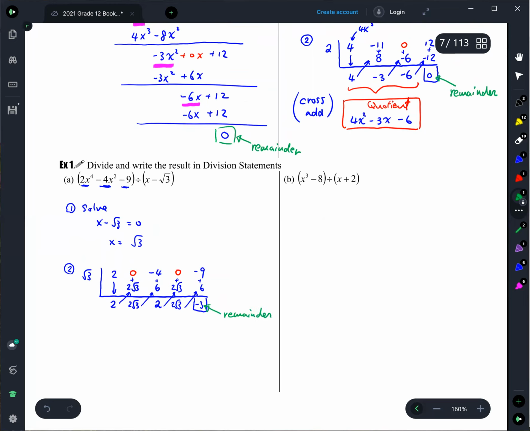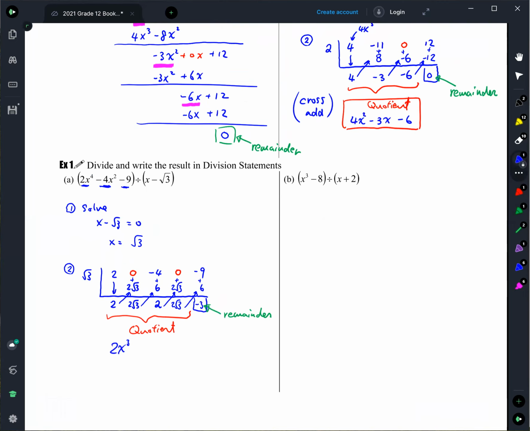Okay, and Susan, how do we write out the quotient now? 2x cubed plus 2 root 3 x squared, very good, plus 2x plus 2 root 3.